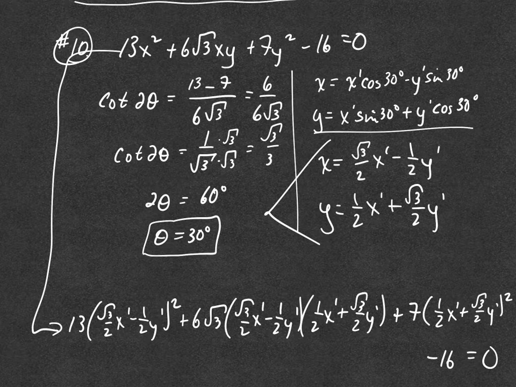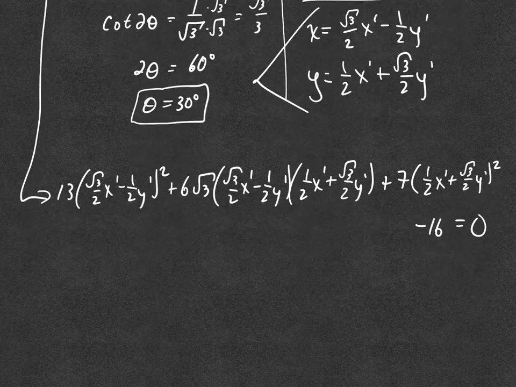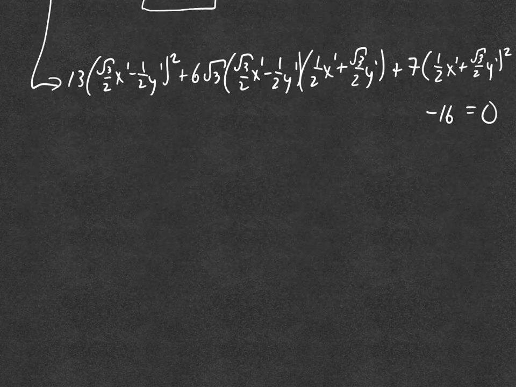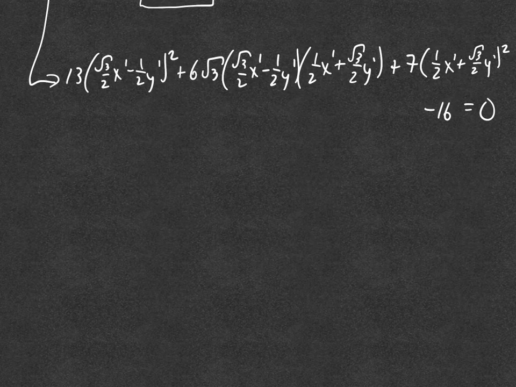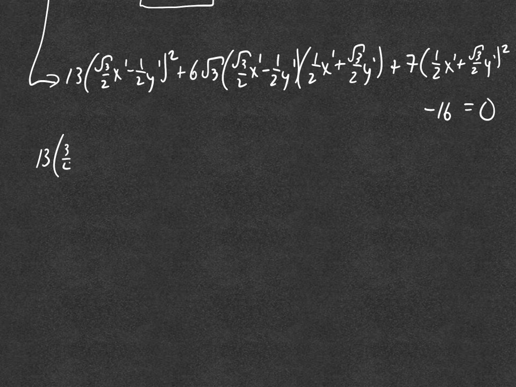Okie doke. Alrighty, now the worst part of these, again, is all the simplifying. So I've got 3 FOILs to do and 3 distributive properties to do. So I'm going to do the FOILs first, the distributive properties second. All right, the first one, the binomial squared, first term squared. So that's going to be 3/4 x prime squared.